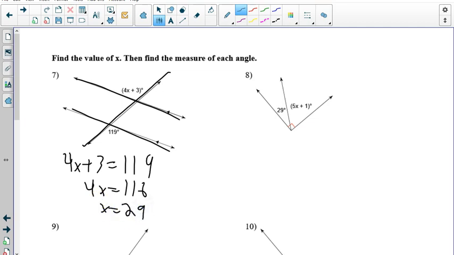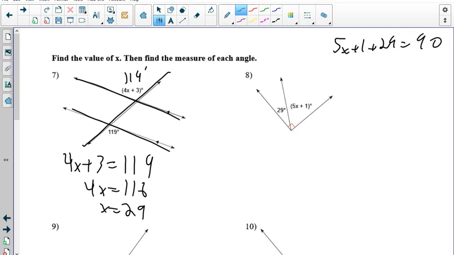Now it says find the measure of each angle. We don't have to plug it in. We know this is 119 degrees. They're equal. Okay, there's 2 ways to do this problem. They add up to 90. So you can do 5x plus 1 plus 29 equals 90.